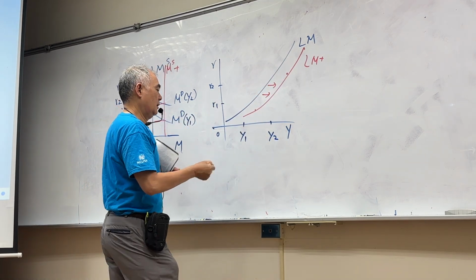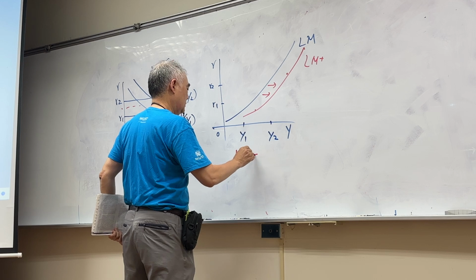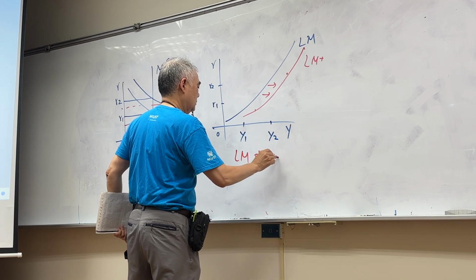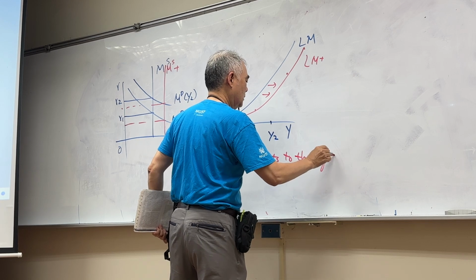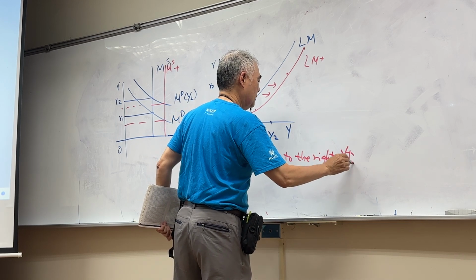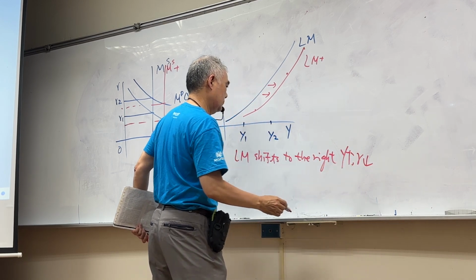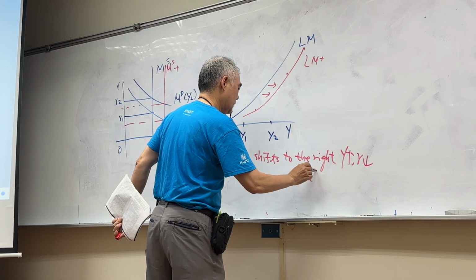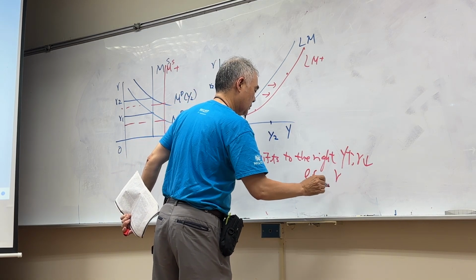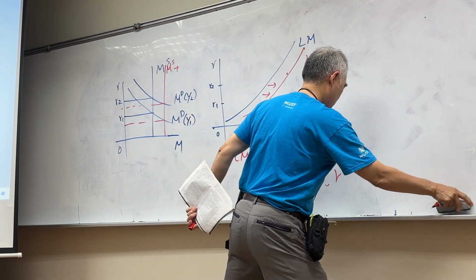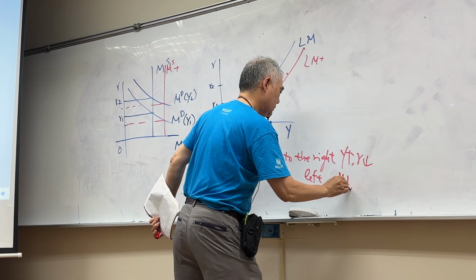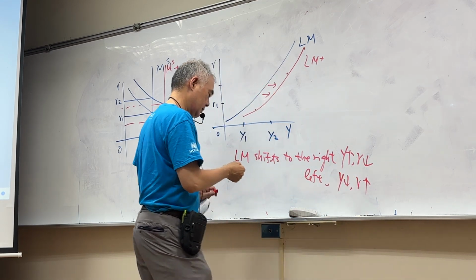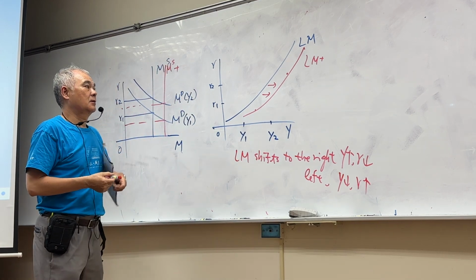And if LM shifts to the right, Y is going to go up and interest rate is going to go down. And if it shifts to the left, Y is going to go down and interest rate is going to go up.